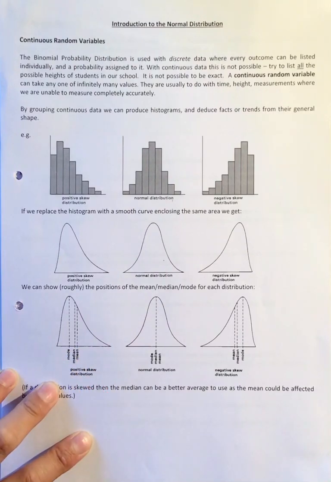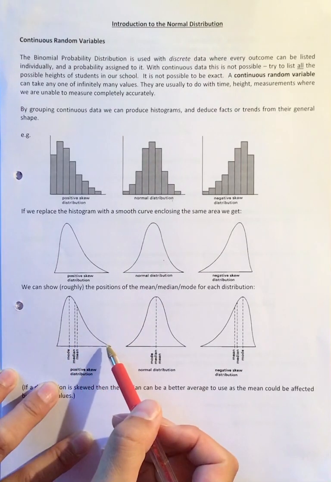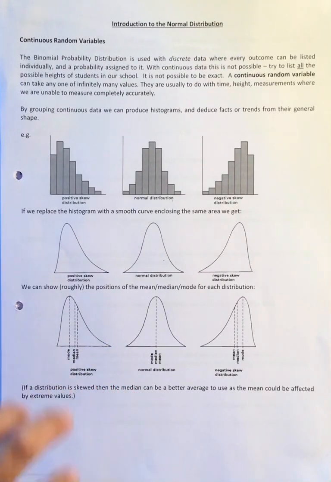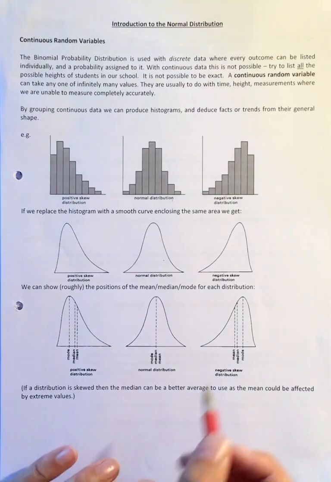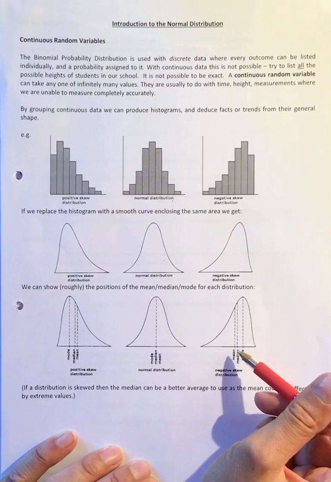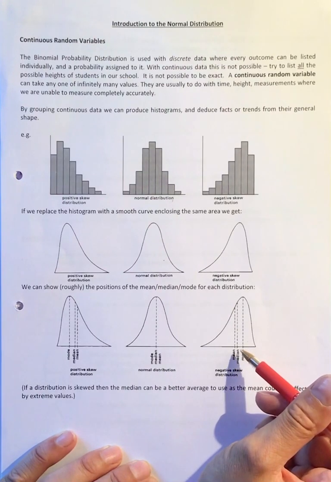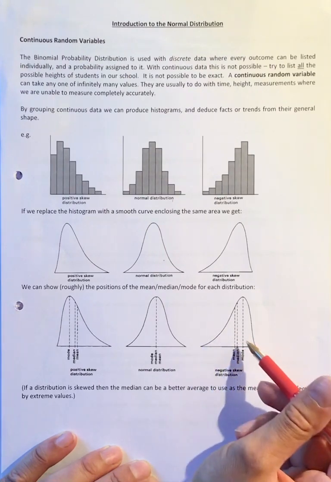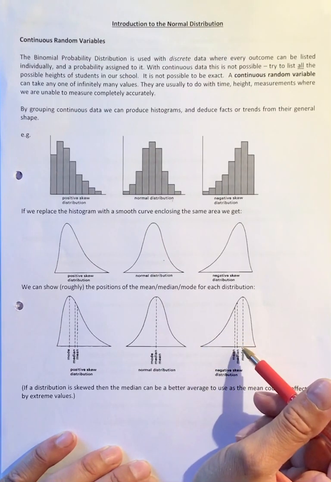Your mean will be skewed by the extreme values right towards the end of the tail, so your mean will be even bigger than the median, further to the right than the median. For negative skew, we get the opposite happening. So the mode is still at the peak. The median will be to the left of it, so the median will be smaller than the mode because you've got more values to the left, so your middle value is going to be further to the left.